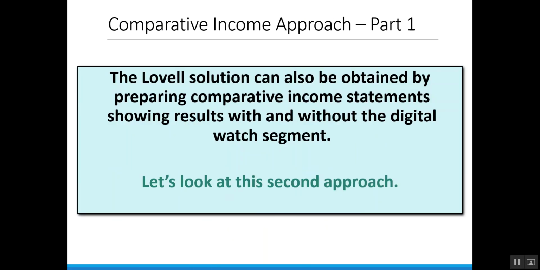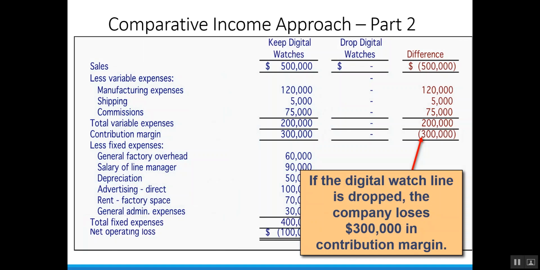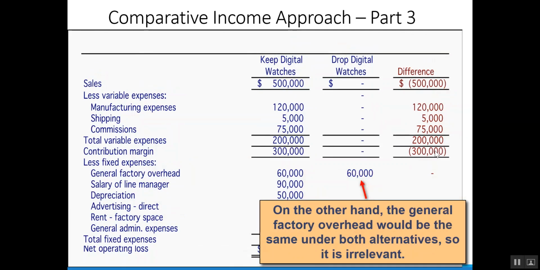We could also look at comparative income statements, and this is the one thing we were talking about earlier. This involves more, and I think sometimes can be somewhat confusing, but looking at this comparative income statement, we're going to lose $300,000 in contribution margin if we drop the line.